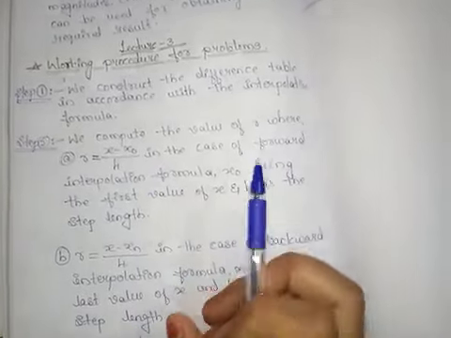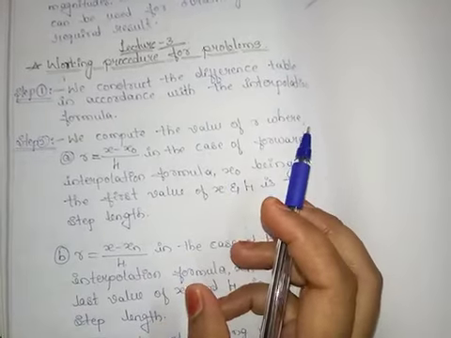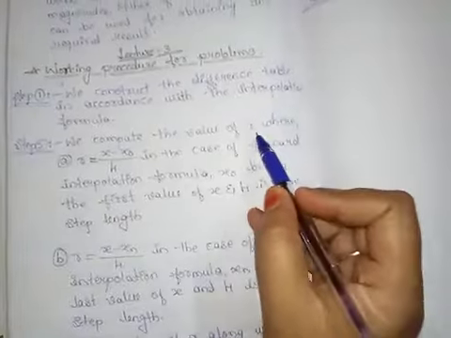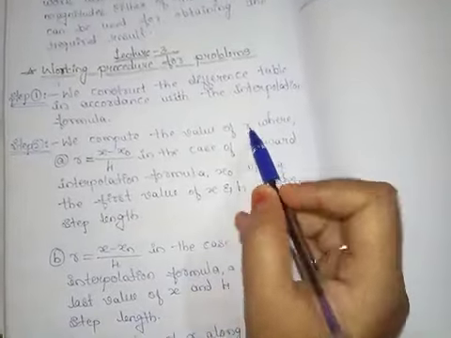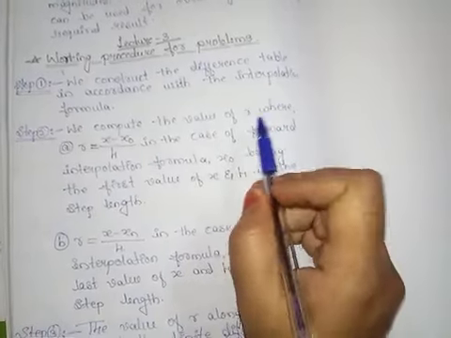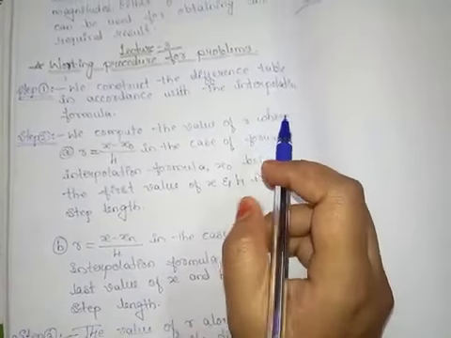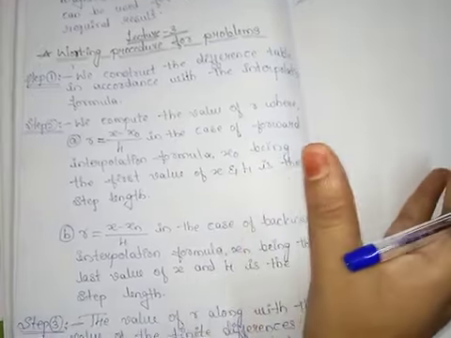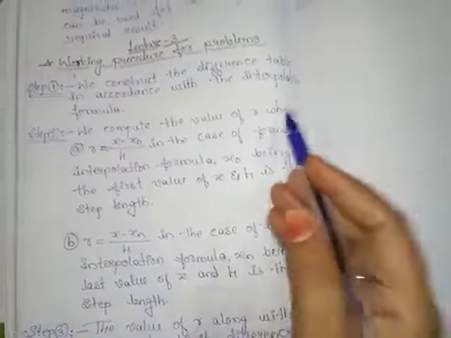We know that in Newton's forward and backward interpolation formulae, we have an r term. We have to find the value of r before applying the values in the interpolation formulae.